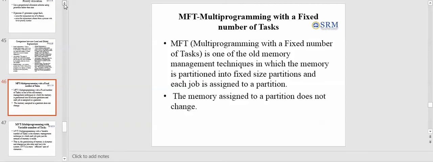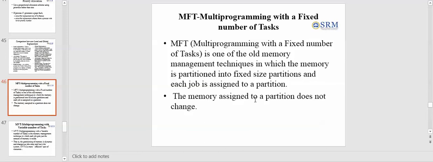You would have seen this when we studied free hole allocation strategies: best fit, worst fit, and first fit. We will just see what MFT and MVT are. In MFT, the memory is partitioned into fixed sized partitions and each job is assigned to a partition.